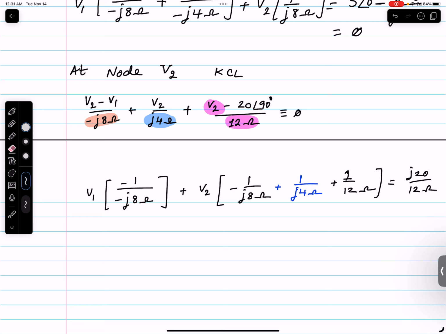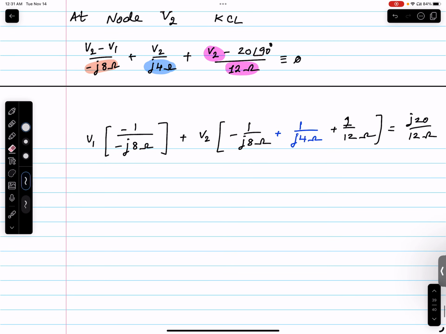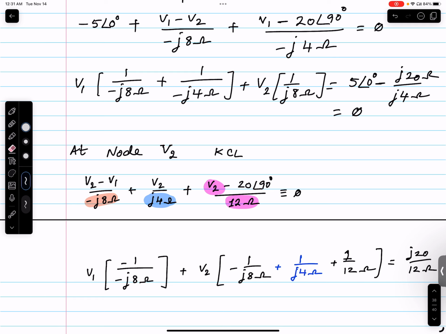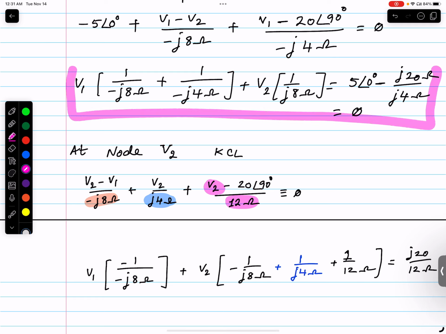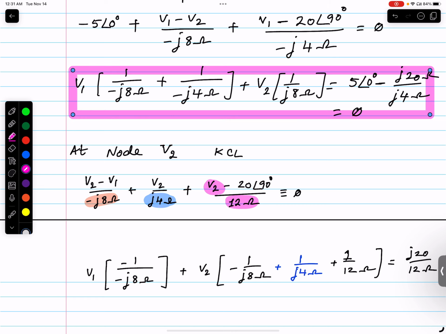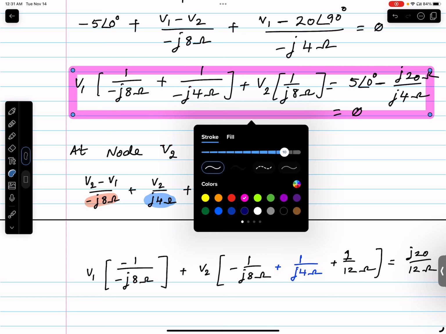Now, what else have we got here? We have two equations. Equation 1 is all of this. We can simplify this, or we can simply throw it into MATLAB.